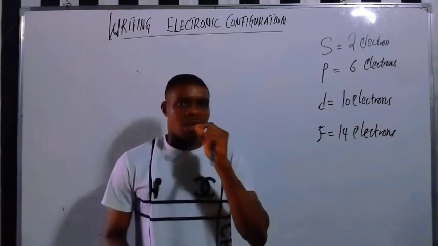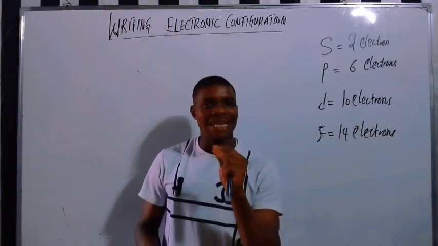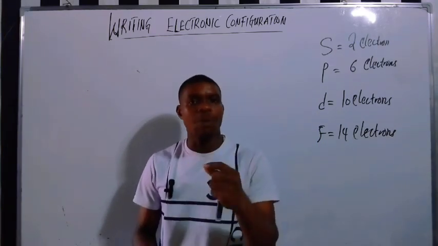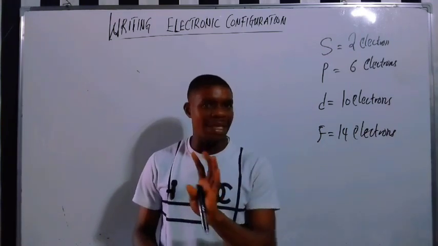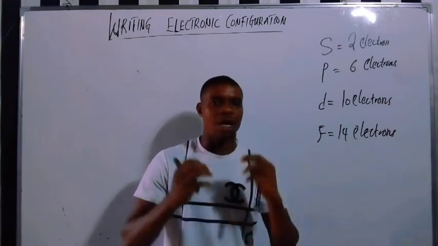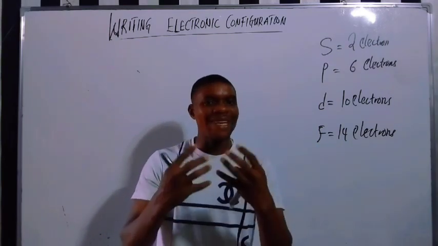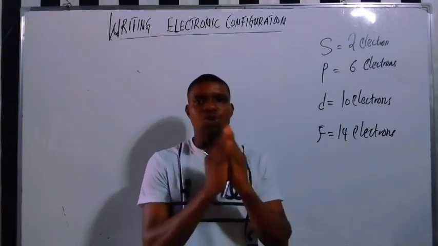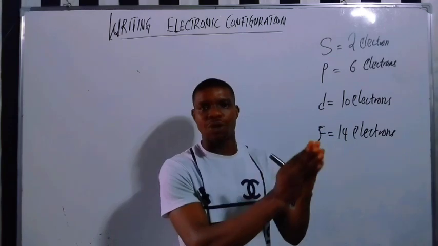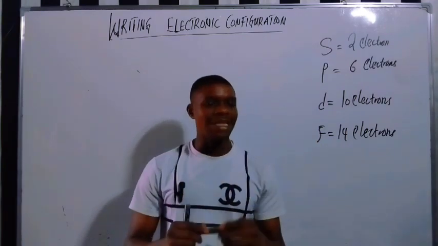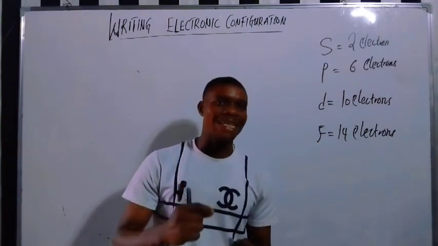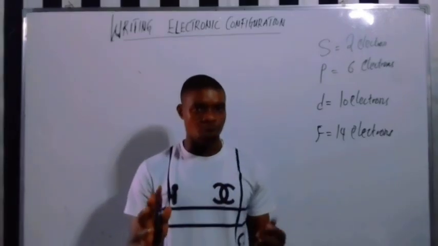Now, imagine you have been asked to write the electronic configuration of an element with atomic number 80. How are you going to do that? There are some students that don't know how to write it. But there is a simple system you can use to write the electronic configuration of any element at all, which I'm about to share with you.